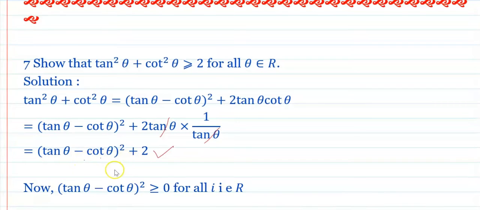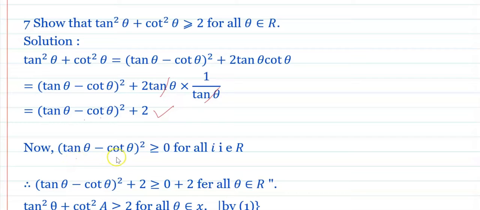Okay, +2. And now tan theta minus cot theta bracket square is greater than or equals to 0 for all theta belongs to set of real number. This term is positive. It is greater than or equals to 0, either it is 0 or its value is greater than 0. And hence we write here tan theta minus cot theta bracket square plus 2 is greater than 0 plus 2.